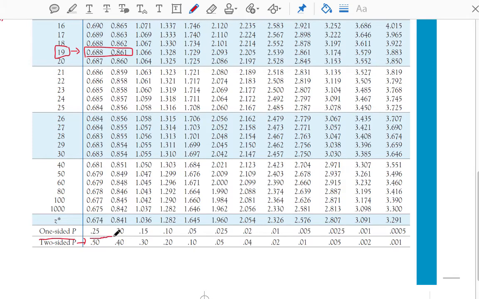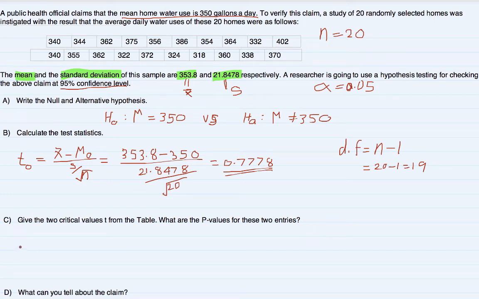Now check the corresponding p-values for these two numbers. These are the corresponding p-values for these two t-values. As I explained before, we saw two numbers, 0.688 and here 0.861, and our test statistic should be somewhere in between, at 0.7778.